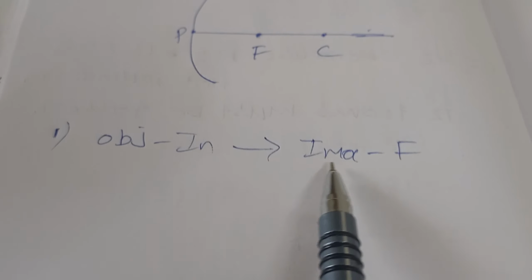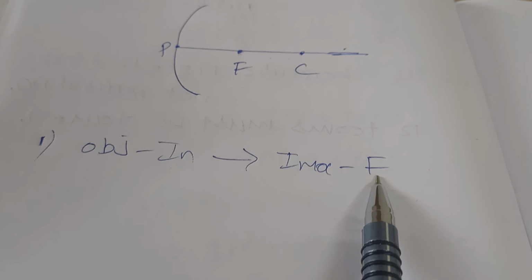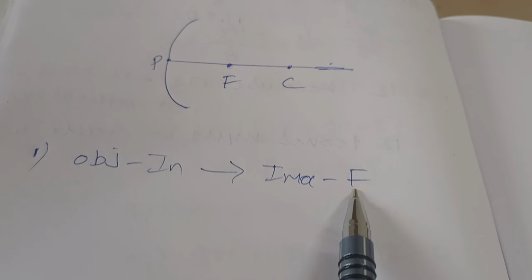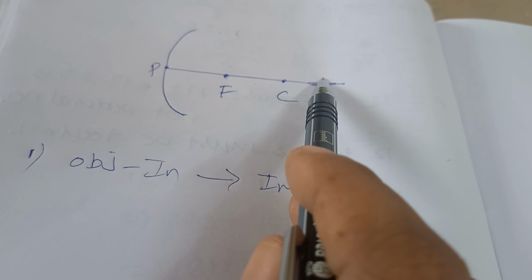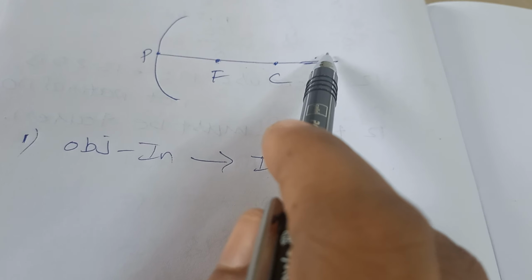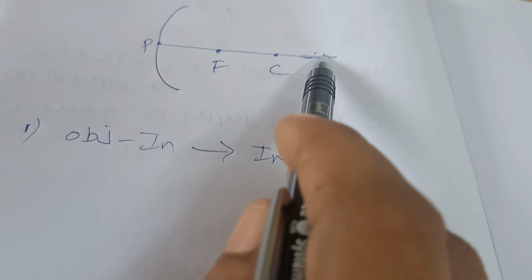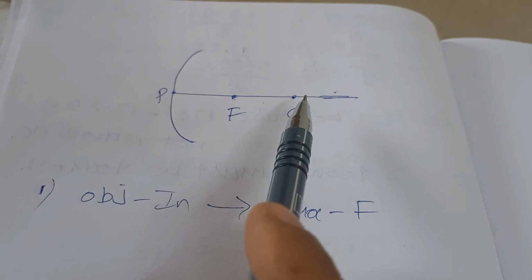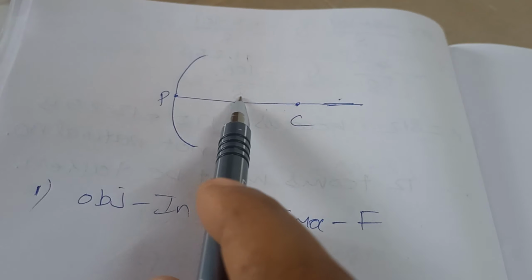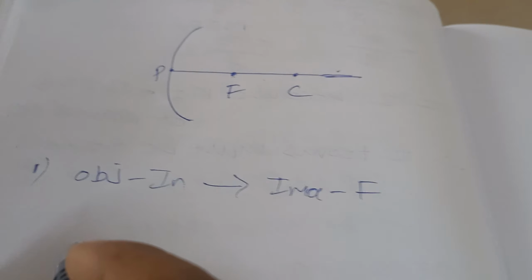Object at infinity, image at focus. Next, if the object is beyond the center of curvature, the image is between the focus and the center of curvature.